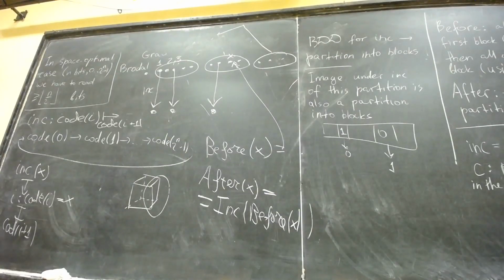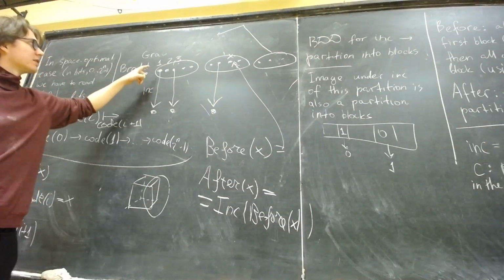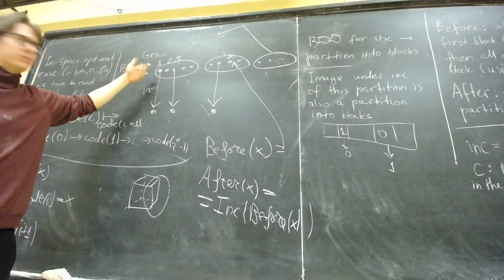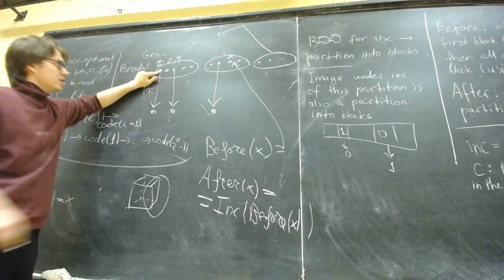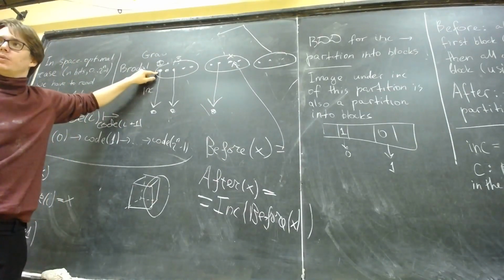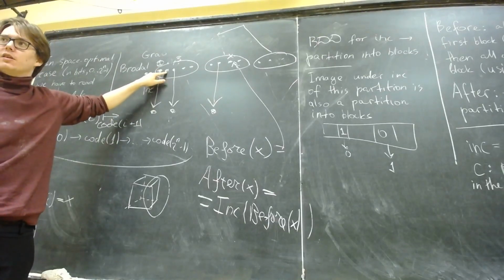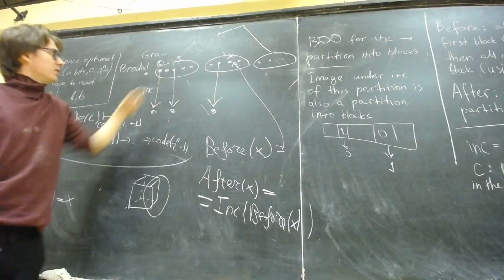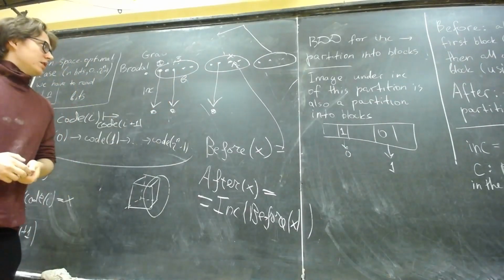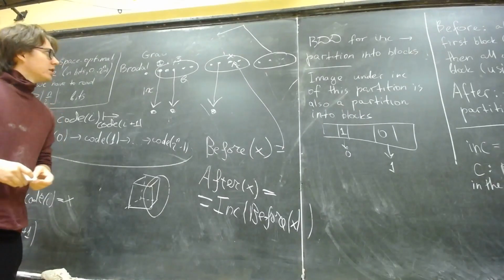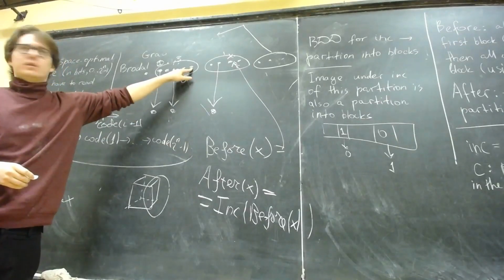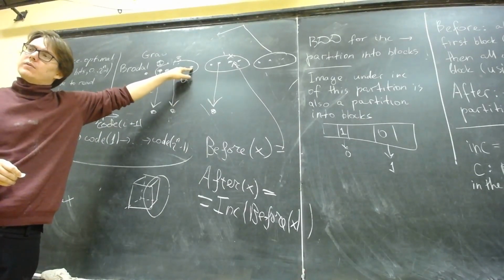So in this picture, can you show how before works? For example, before of 0, if you start from 0, is the first string here. Before of 1 is the second string, and so on. If the first block contains p strings, then before of p minus 1 will be the last string from the first block.